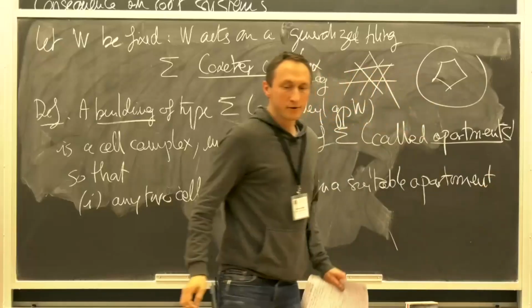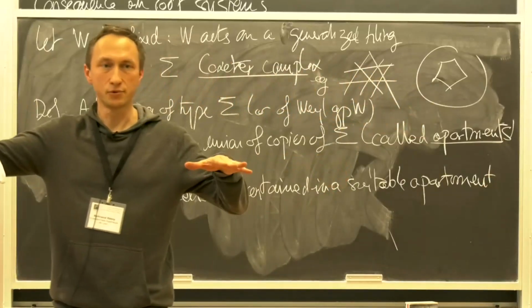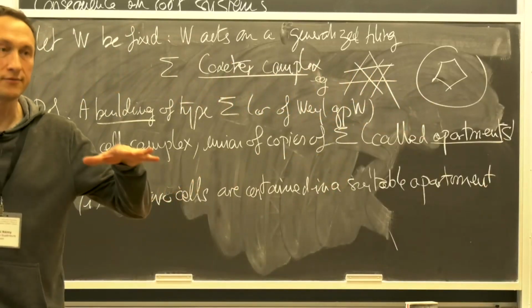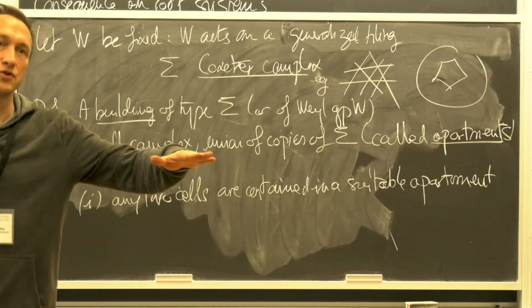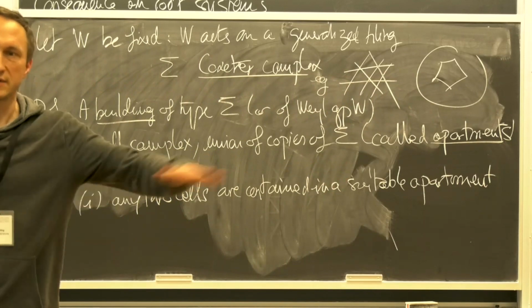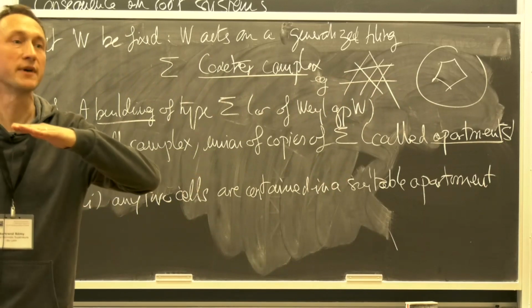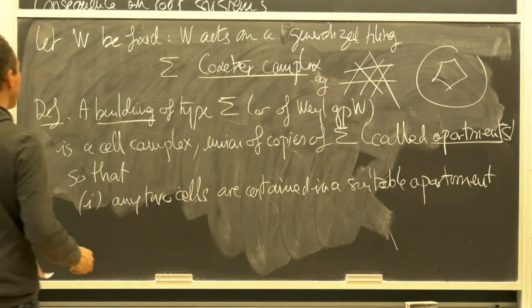Okay, so whenever I have a geometric problem, I can consider a geometric configuration only involving two points. It's an elementary geometric problem in the sense that it lives in a copy of some tiling. It lives in some apartment.